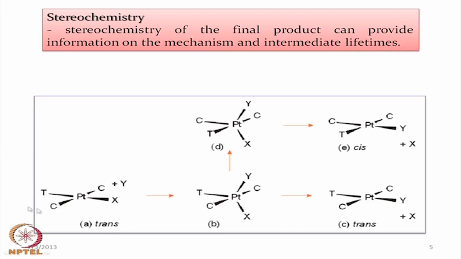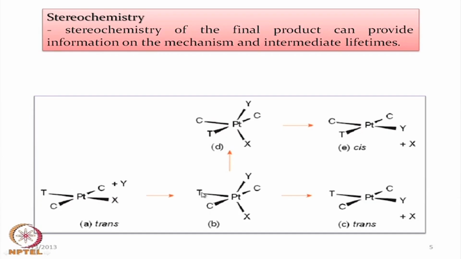If we take this C-Pt-C bond at 180 degree, which was already present in the square planar environment, and we put this T, X and Y in the trigonal plane, this is basically a trigonal bipyramidal geometry which we are getting from a square planar geometry.